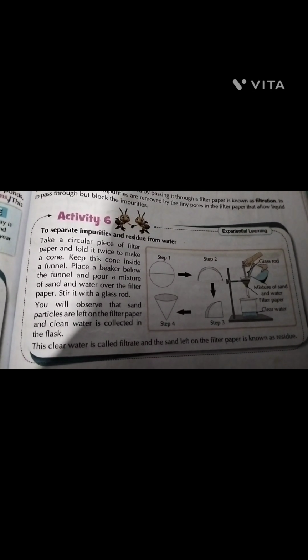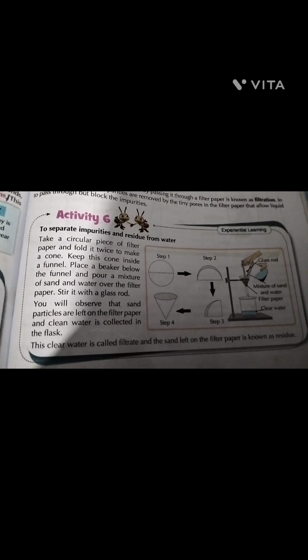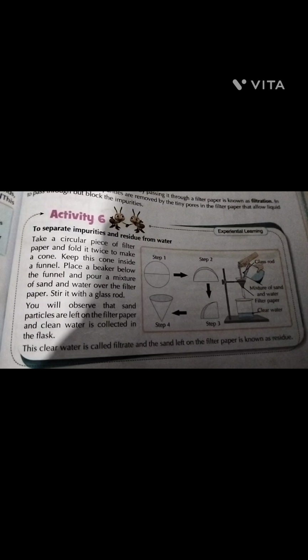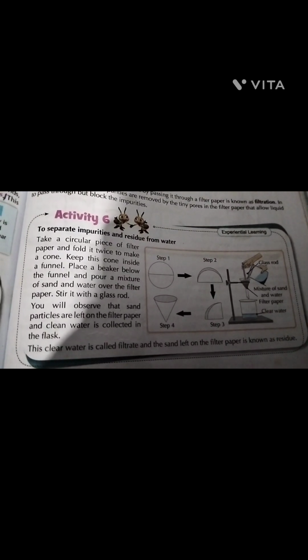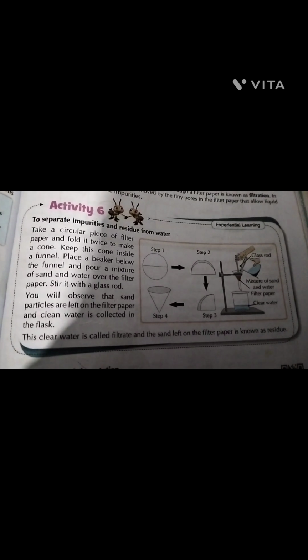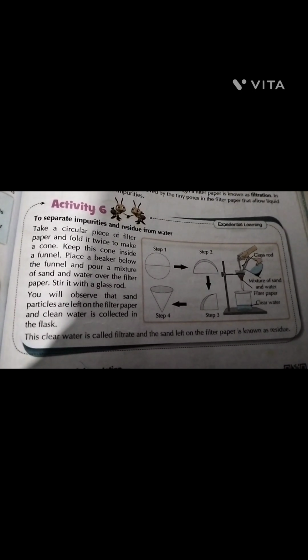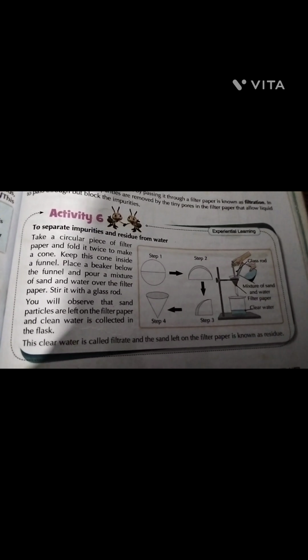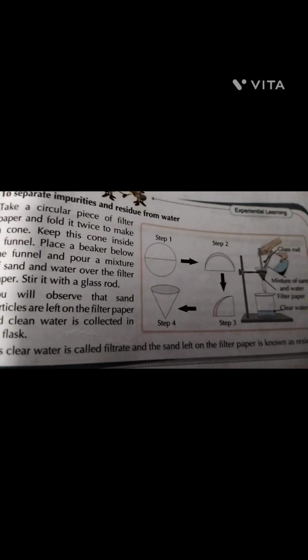You will observe that sand particles are left on the filter paper, and clean water is collected in the flask. This clear water is called filtrate, and the sand left on the filter paper is known as residue.